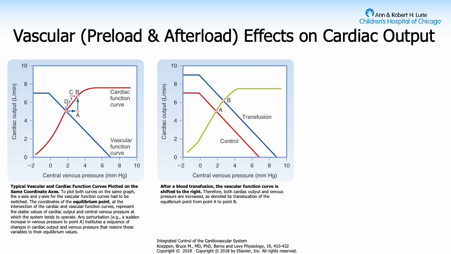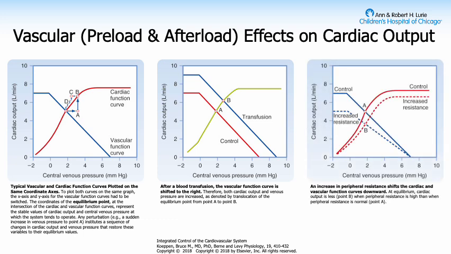higher cardiac output. Now, interestingly, afterload not only shifts the vascular function curve slope, as we discussed previously, but it also will shift the cardiac function curve down because with increased resistance or increased afterload, the myocytes are under greater stress, and so there will be reduced contractility of those myocytes.